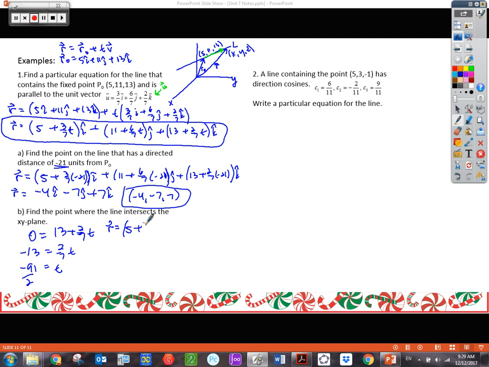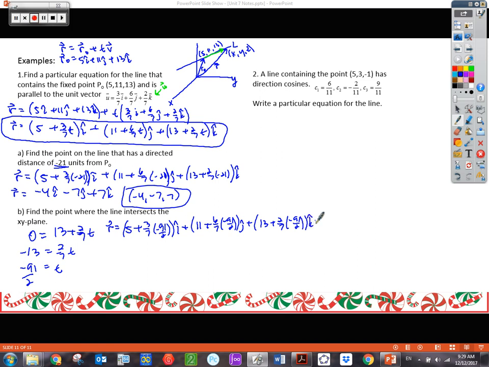We'd have 5 plus 3/7 times negative 91/2 i plus 11 plus 6/7 times negative 91/2 j plus 13 plus 2/7 times negative 91/2 k.